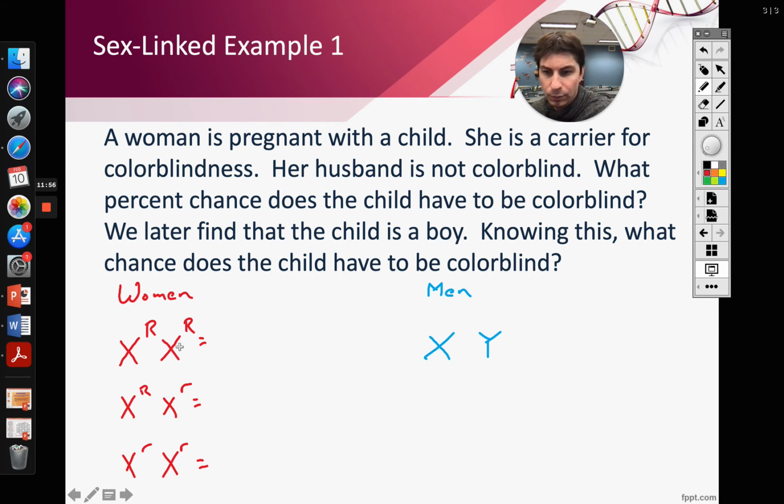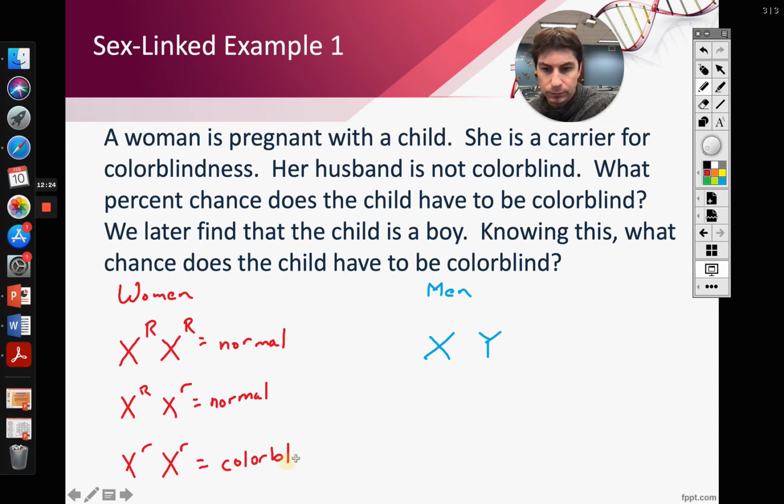So, if the woman is big R, big R, she is going to have normal vision. It's complete dominant sex linked, so if she is heterozygous, that little r, which is the allele for color blindness, is going to be masked by the big R, so she also is going to have normal vision. However, the last one, this woman will be colorblind.